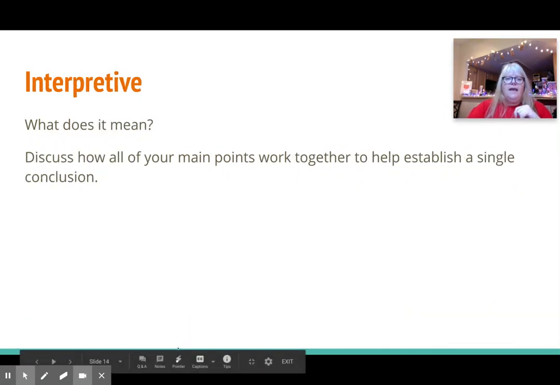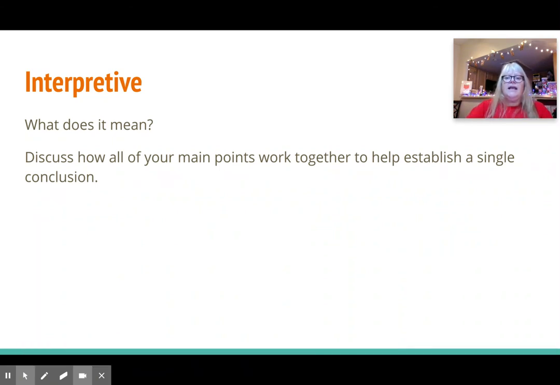All right. The interpretive part of the conclusion, so maybe your 3rd or 4th sentence, is really just about how do these main points work together to prove what I was trying to prove.